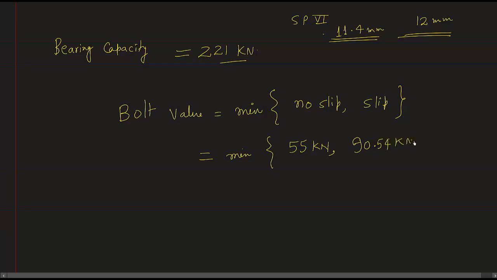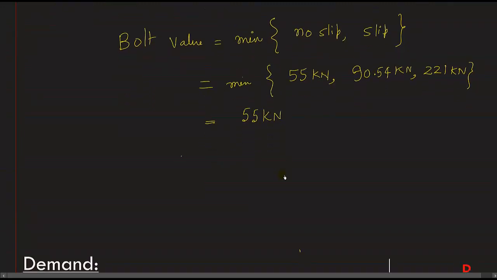And then we said that when this becomes a bearing bolt, it can take a value of 221 kilonewton. So minimum of all this, the bolt can take a load of 55 kilonewton. So now we have calculated the capacity, that is, the capacity of this bolt is 55 kilonewton.